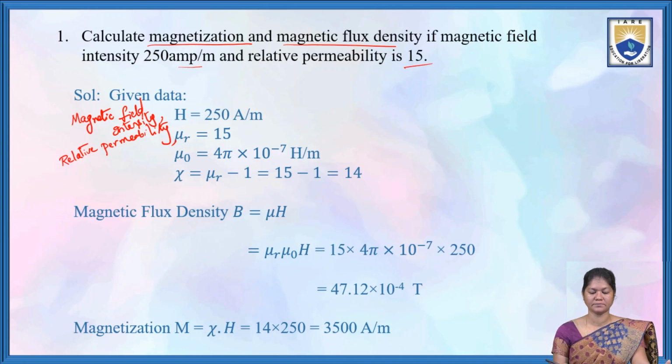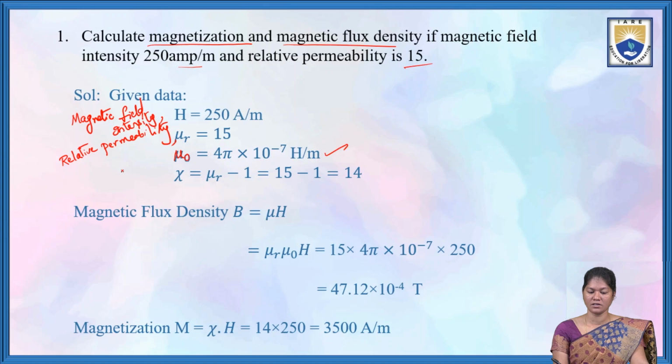We know that mu naught is equal to 4 pi into 10 power minus 7 Henry per meter, which is the permeability of free space. So mu naught is equal to 4 pi into 10 power minus 7 Henry per meter.